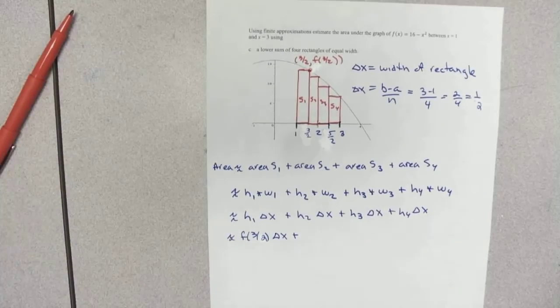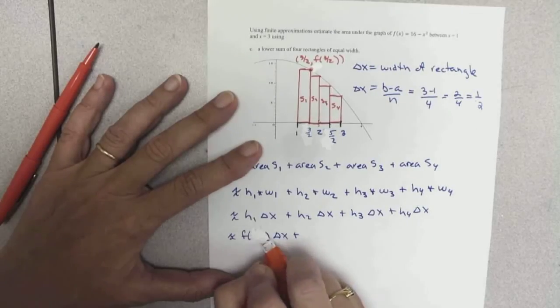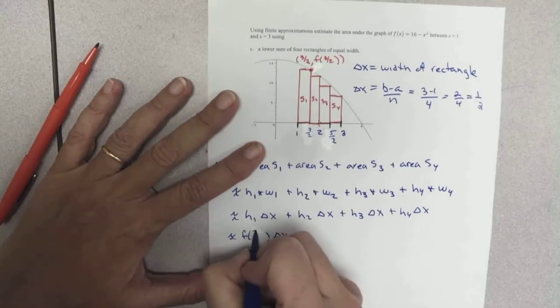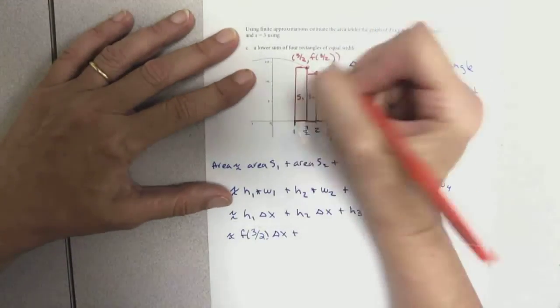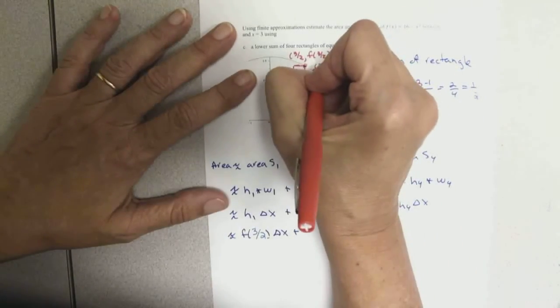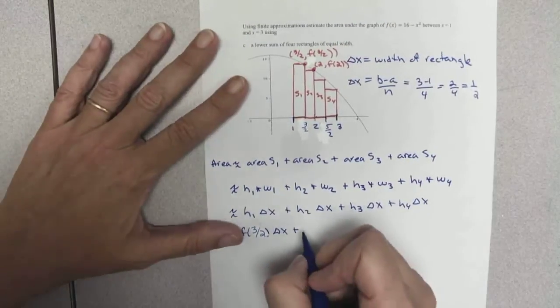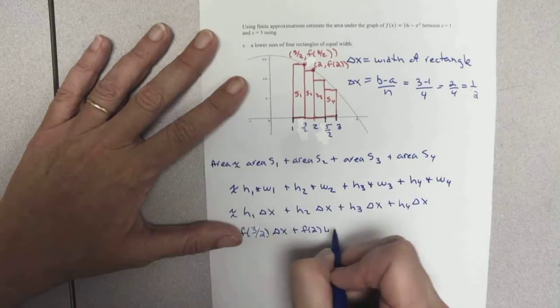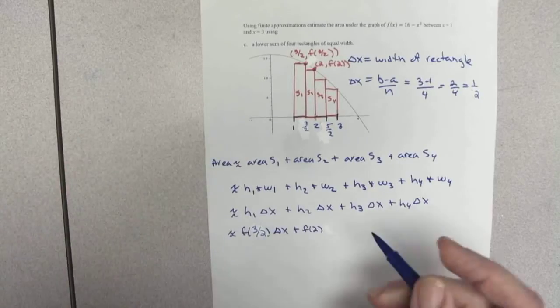Delta x. Height 2, that doesn't look much like 3 halves. Height 2, right there. The x-coordinate is 2, so this is 2, f of 2. The y-coordinate gives me my height, so my height is f of 2.